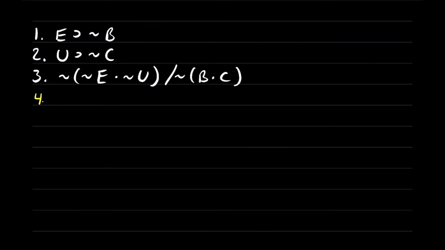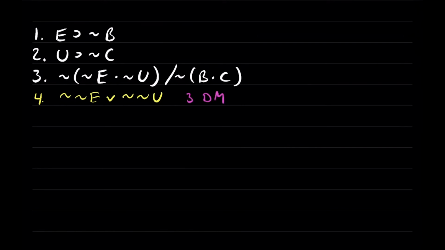I see one fairly obvious starting point. To me, line 3 looks like a De Morgan's rule. We have the negation of a conjunction. So from De Morgan's rule, we can get not E, or, make sure you change that conjunction to a disjunction, not U. And that's going to follow now from line 3 by De Morgan's rule, dm.